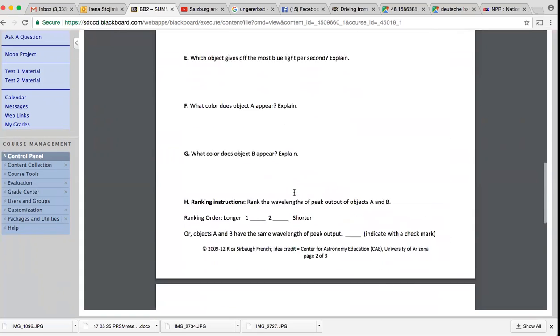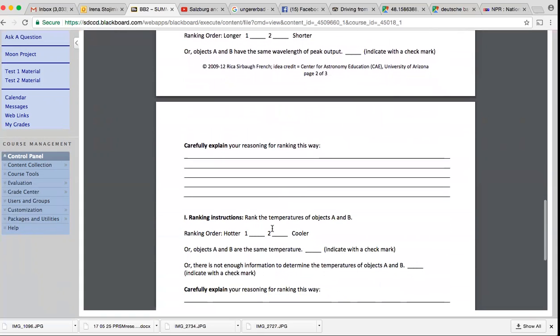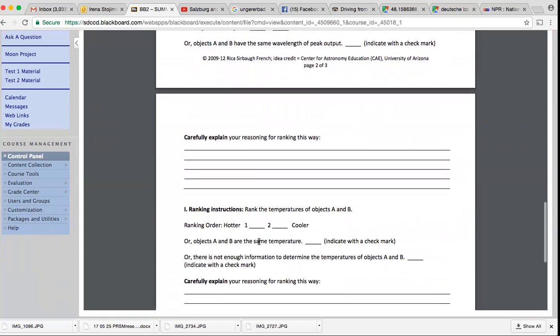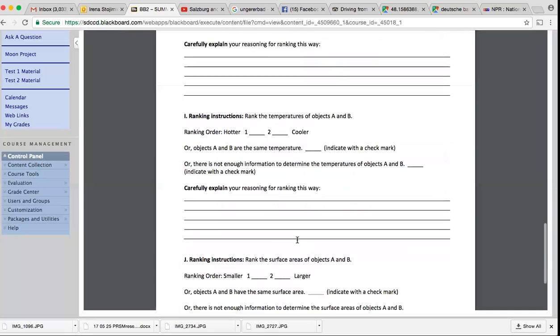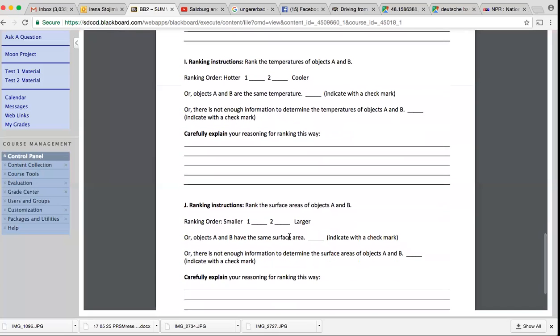And then which one is hotter? Object A is hotter because the shorter wavelengths give out more energy. Yes, very good. If most of the energy is given at shorter wavelengths, that means it has the higher temperature. How about surface areas?